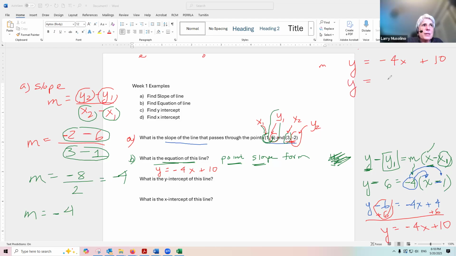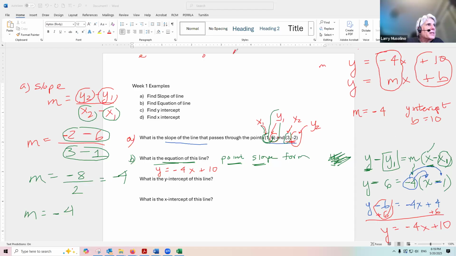Well, we compare this to y equals mx plus b. This m is the slope of the line. In our example, it matches up to negative 4. We knew the slope was negative 4 because we figured that out in part A of the problem. But this b number back here is helpful because this b number is called the y-intercept. So the y-intercept for us is 10.